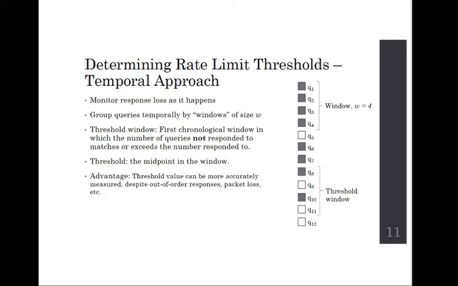Basically, we slid along until the first point in our queries at which the number of responses that were either missing or truncated was greater than or equal to the number that were responded to, and we considered that our threshold window. Our threshold then became the midpoint in that window. Because of the out-of-order responses and potential packet loss, we wanted to find the point in time where things changed over several queries rather than just at one given point.